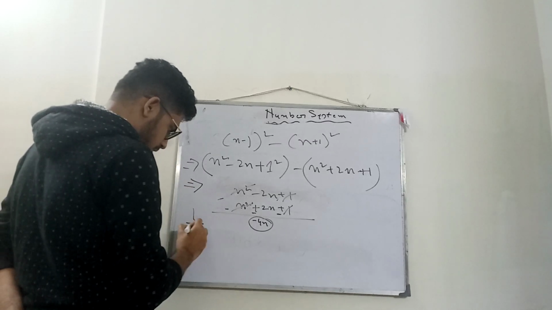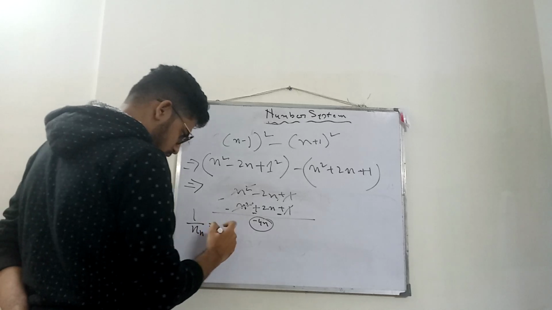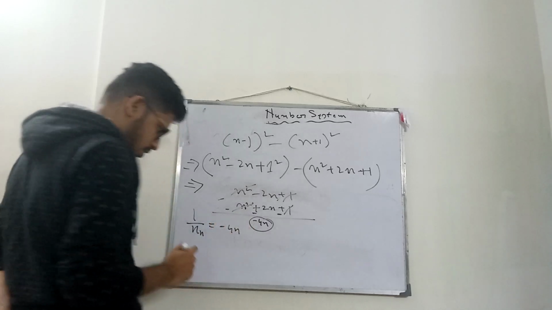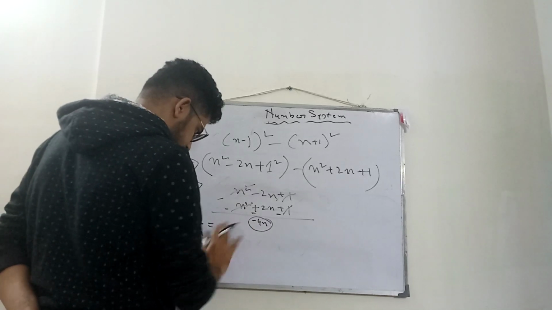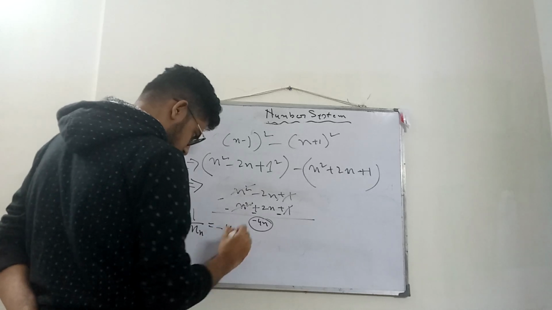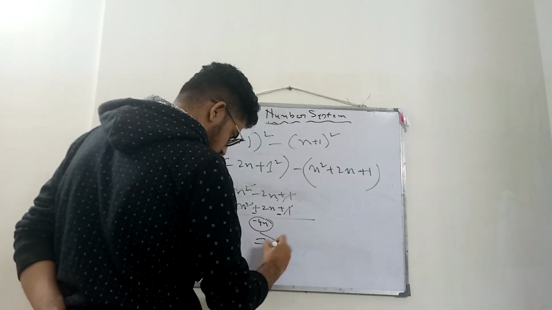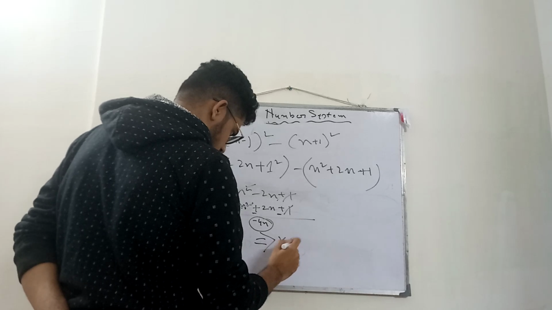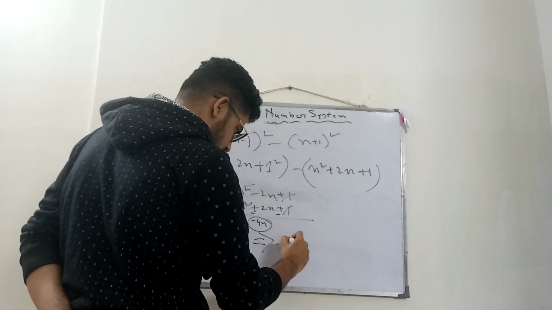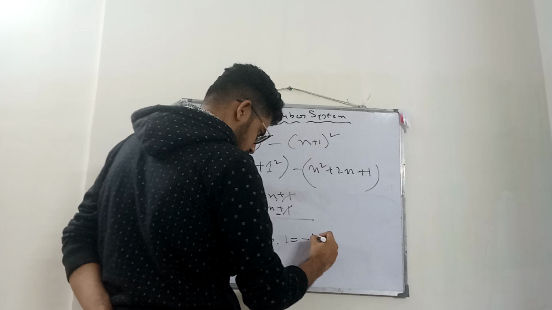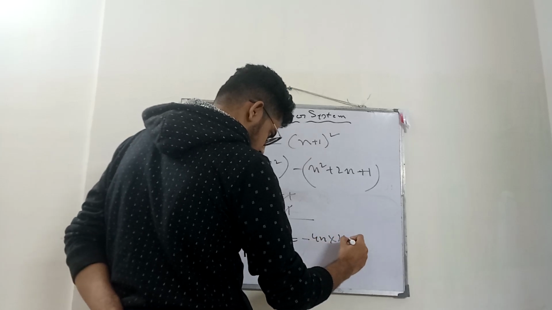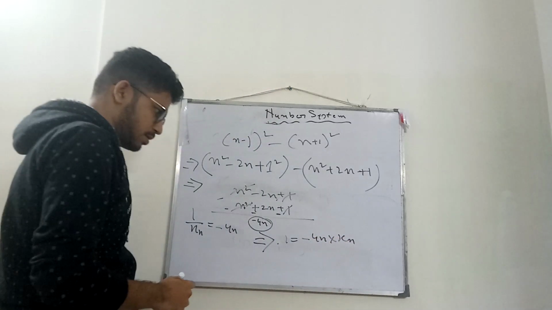Suppose 1 by xn is equal to minus 4n. Okay, minus 4n, and 1 is equal to minus 4n into xn.